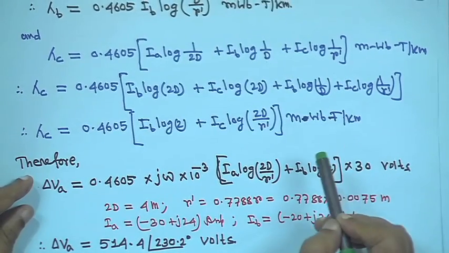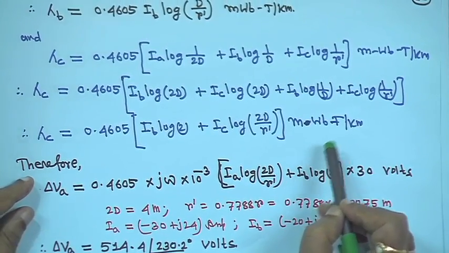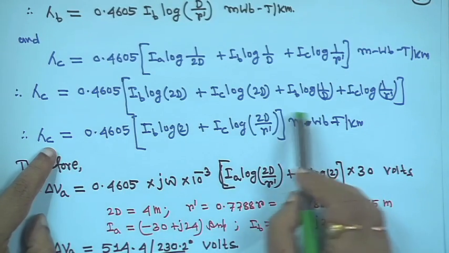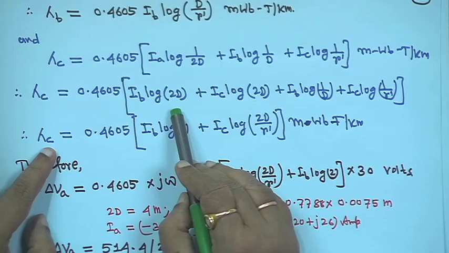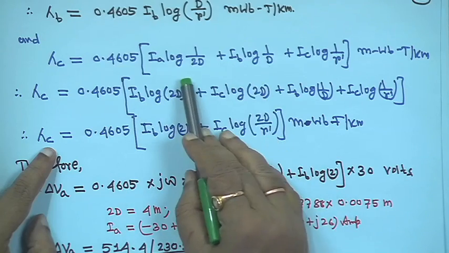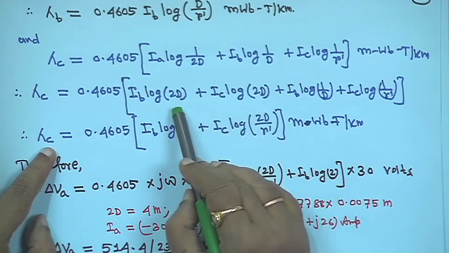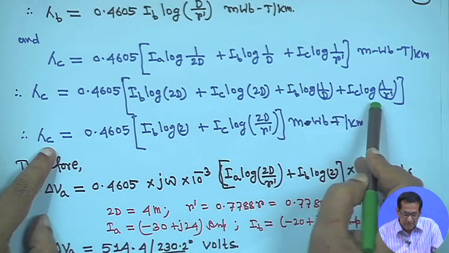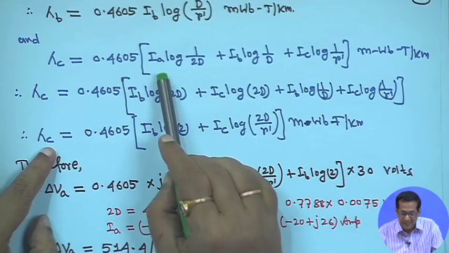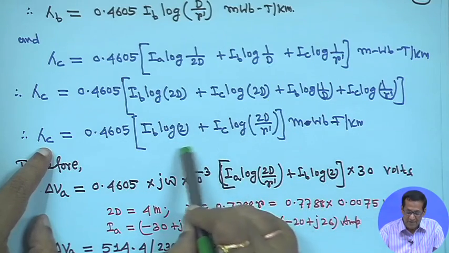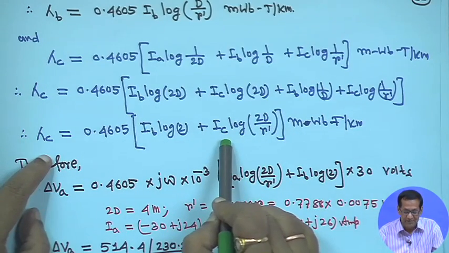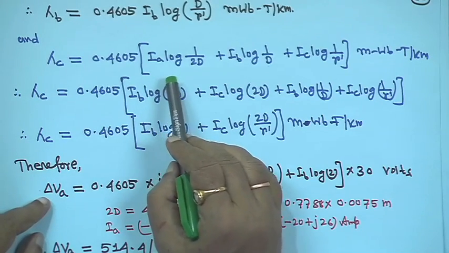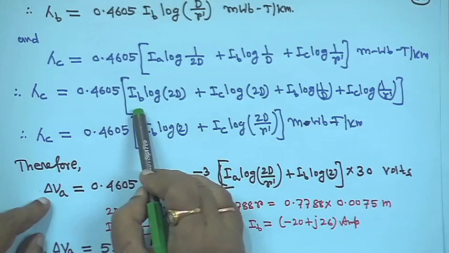In the case of lambda C, here in this case we have eliminated Ia, actually. So in this case you eliminate the Ia part and just simplify.